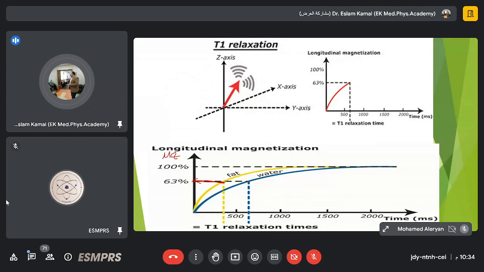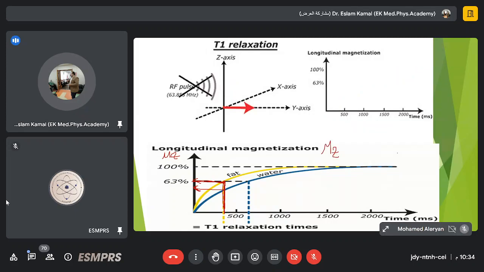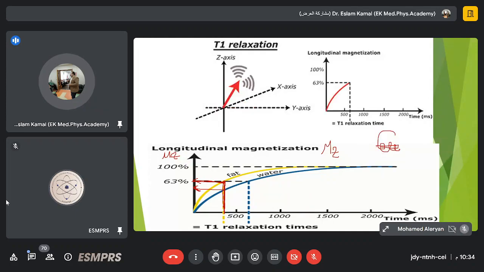So now, which one will induce higher electric signal inside the coil, the fat or the water? Who has higher MZ will induce higher electric signal. As I informed you before, if we have a coil and you have a magnet inside the coil, this magnet will induce electric current.